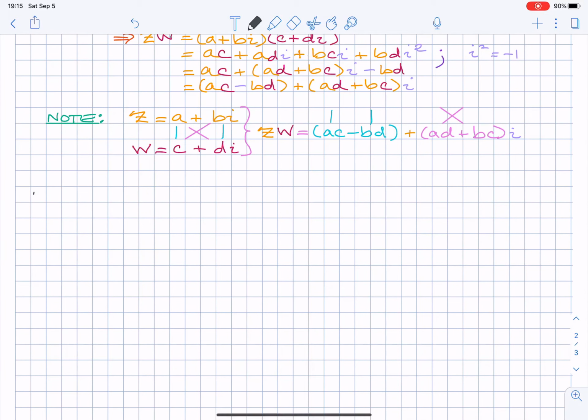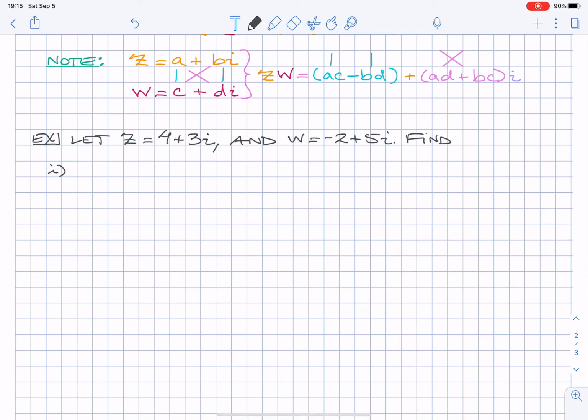So for example, let z be 4 plus 3i, and w be -2 plus 5i. Let's find number 1. Let's first find z plus w. Okay, so I'm going to call z blue. So z is 4 plus 3i.